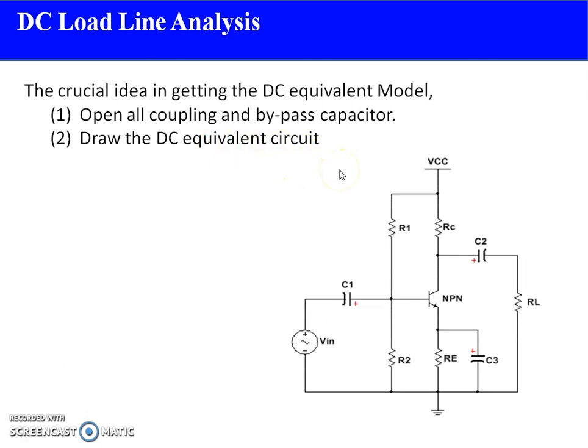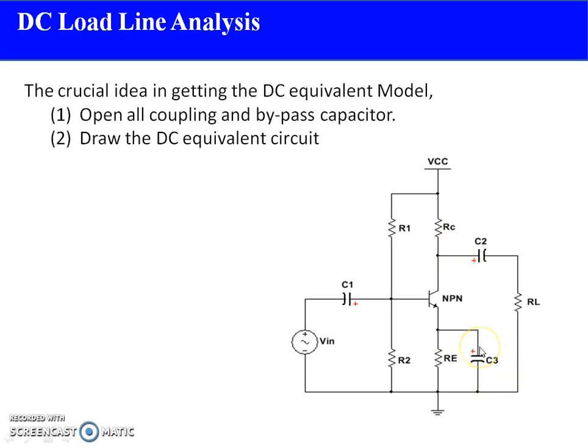Now we see that this is the basic configuration of a VDB common emitter amplifier. Capacitors C1 and C2 are coupling capacitors, while C3 is a bypass capacitor.